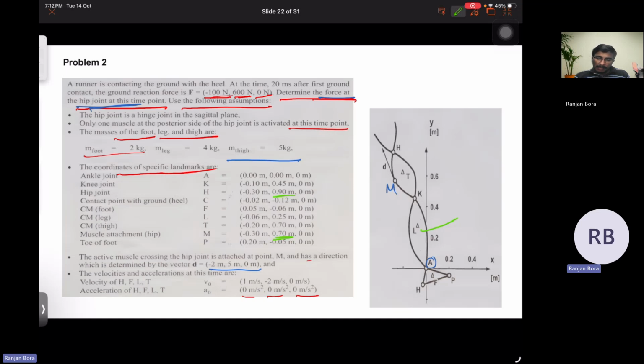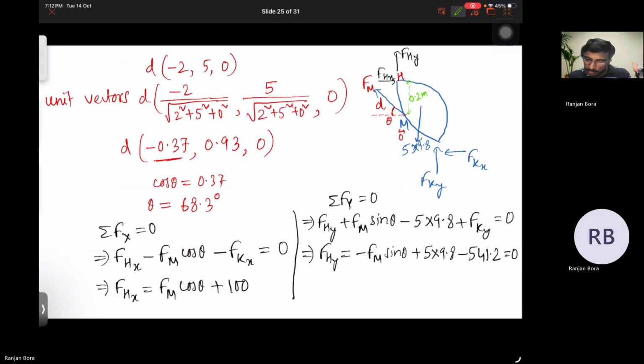This component is 0, and this is 0.2 meter. From here, we got 0.2. So we got the moment arm for force Fm.